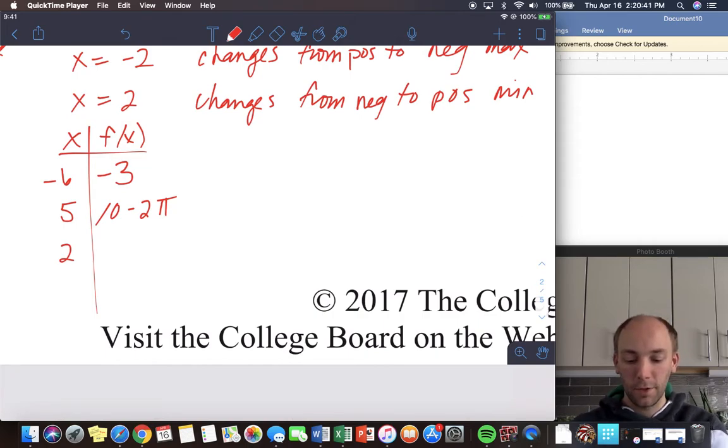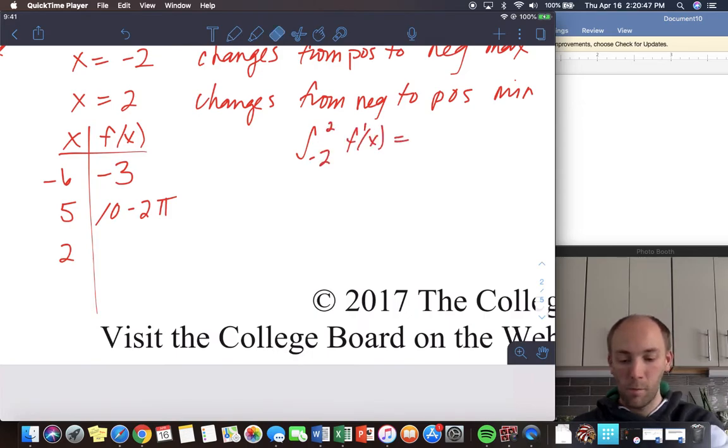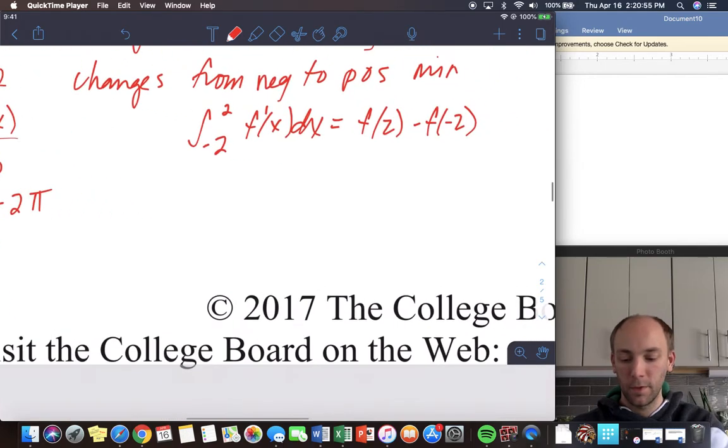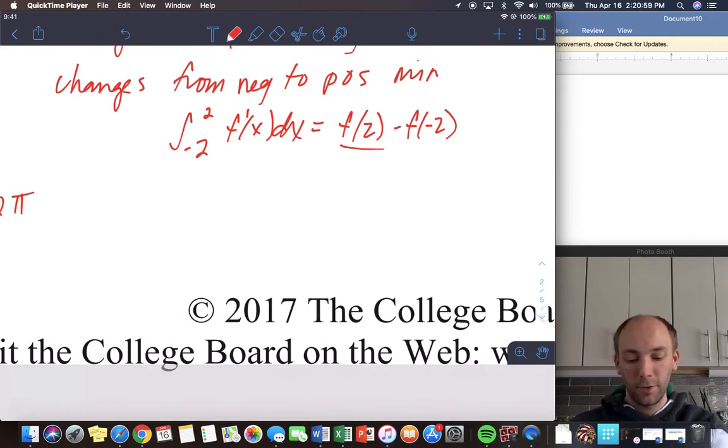So the only one I have left to find is positive 2. So this time I'm going to do the integral from negative 2 to 2 of f prime of x dx. So I'll have f of 2 minus f of negative 2. We're trying to get f of 2 by itself, so let's move over that f of negative 2.